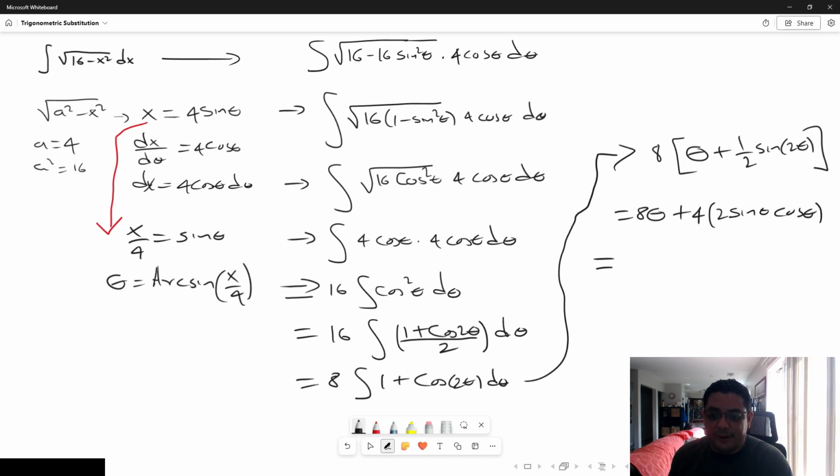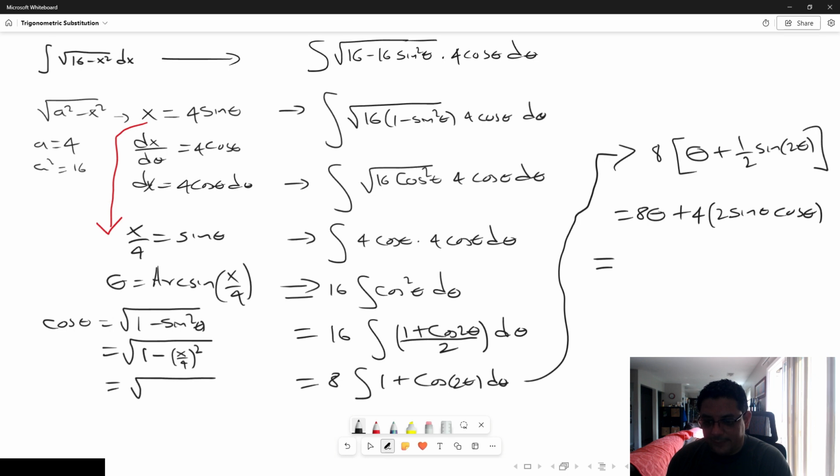Now the last part is that we need to find out what cosine of theta is. Cosine of theta is easy because we know that cosine of theta is the square root of 1 minus sine squared of theta, right? We know that sine of theta is x over 4, so this is the square root of 1 minus x over 4 squared. This can be simplified as the square root of 16 minus x squared over 16, of course.